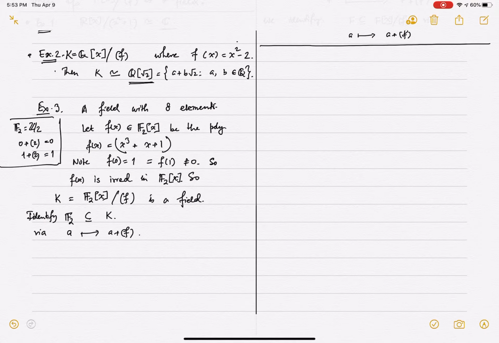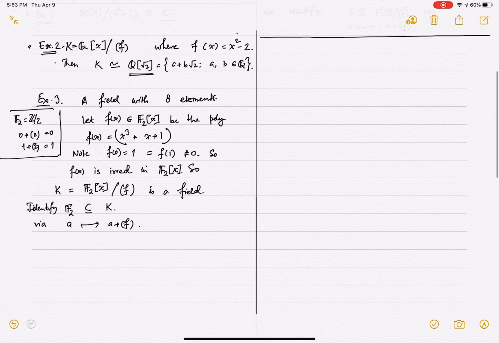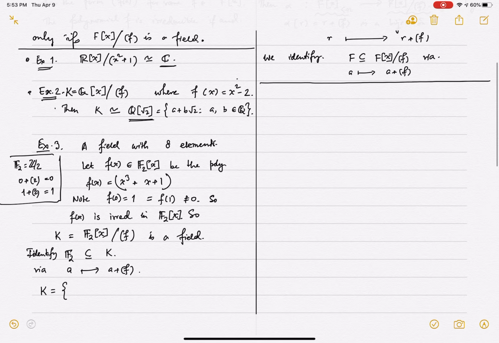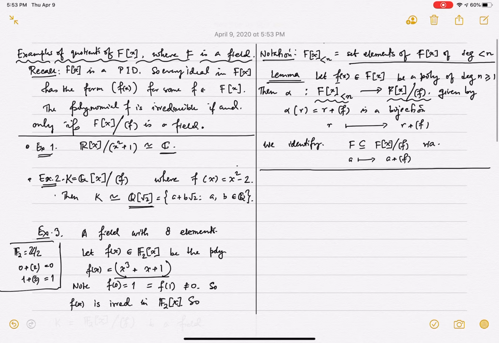The elements of this field are given by polynomials of degree up to 2. What I'm quotienting by is a degree 3 thing. And this lemma that we have been using says that when you quotient by something of degree n, the elements of the quotient are given by the cosets of polynomials of degree less than the thing you're quotienting by.